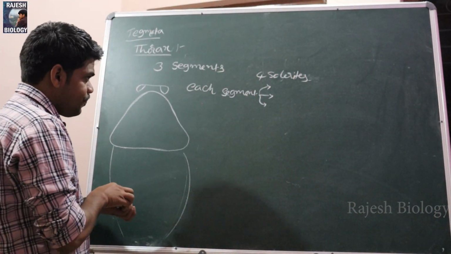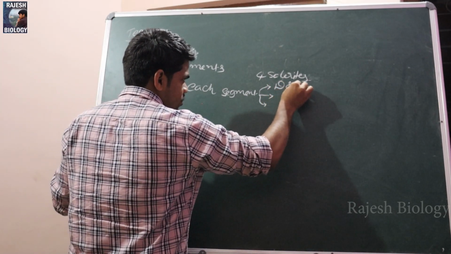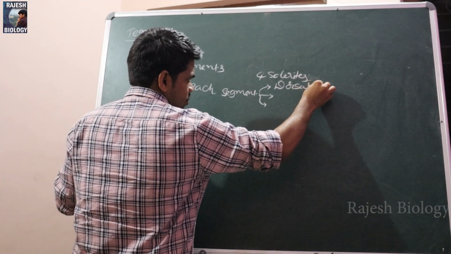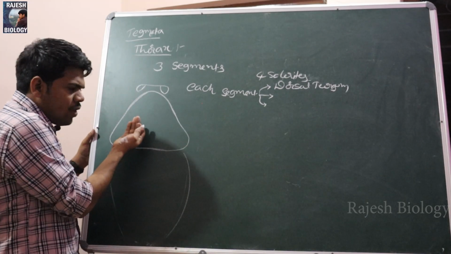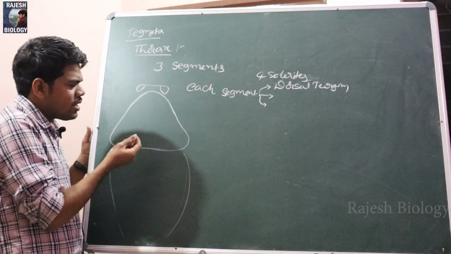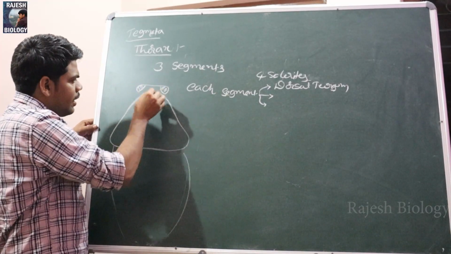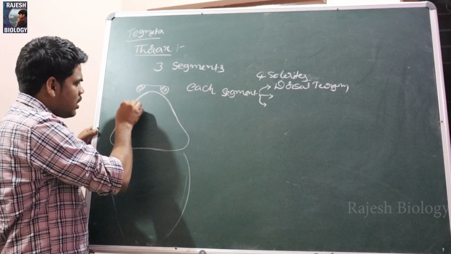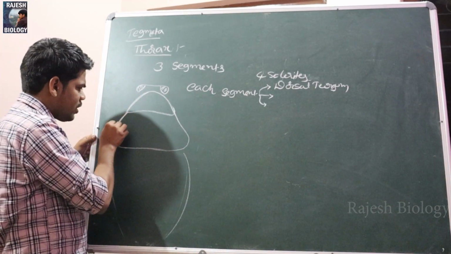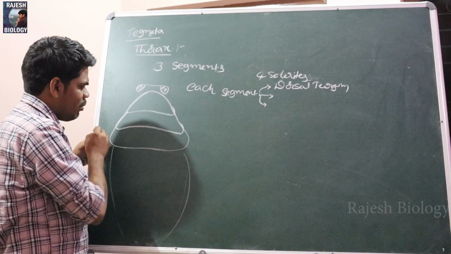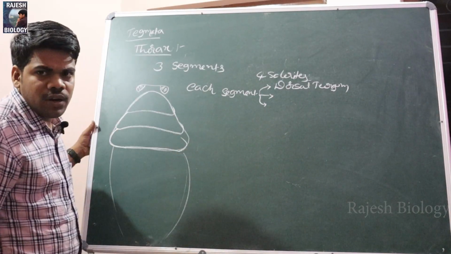Like that, the dorsal tergum. If we think of this as the dorsal side, because the eyes appear here, this is the dorsal tergum. Dorsal tergum of the first segment, of the second segment, and of the third segment.